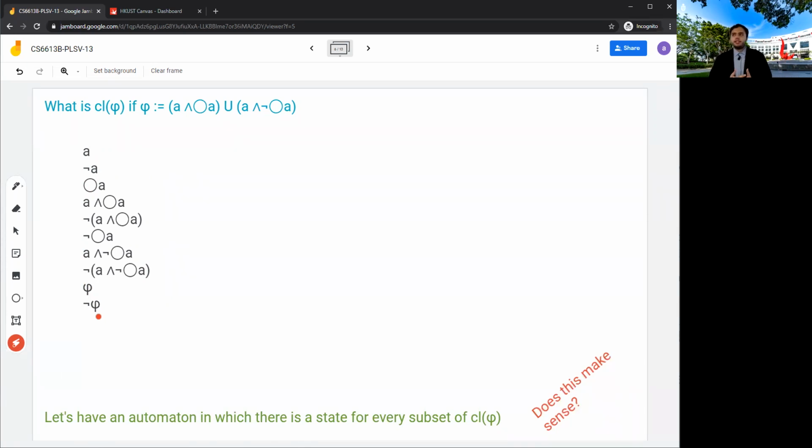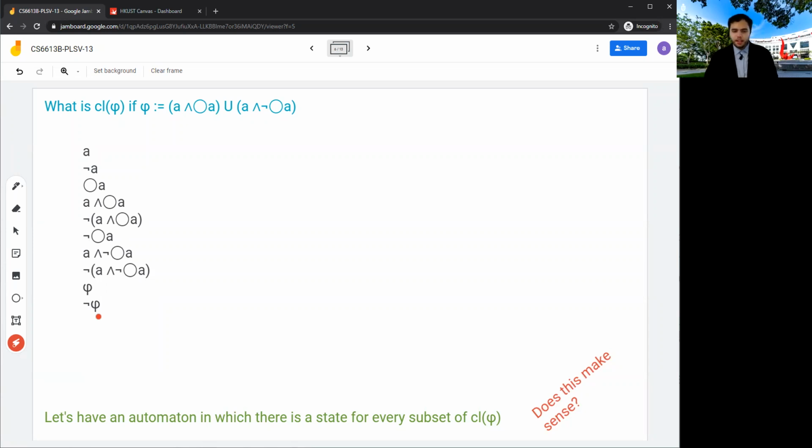And the idea is that if I'm at some vertex Q of the automaton, I want to accept all strings starting from that vertex. I want to accept all strings that satisfy all of the formulas that are assigned to this vertex of the automaton. So each vertex of my automaton corresponds to a subset of these formulas.